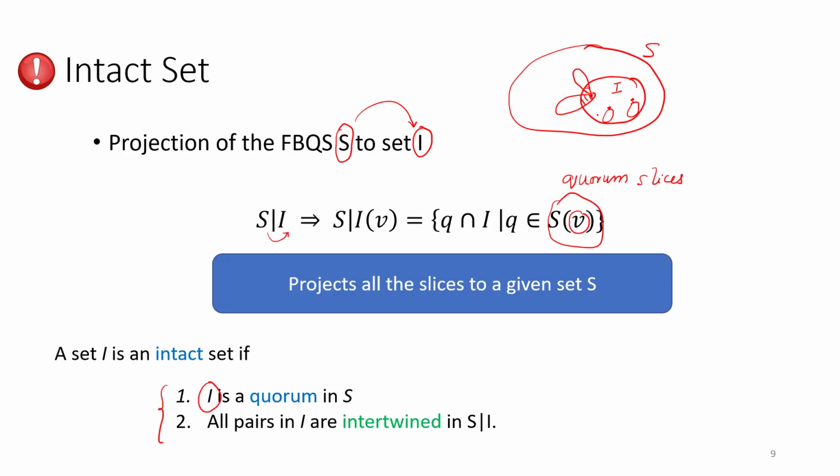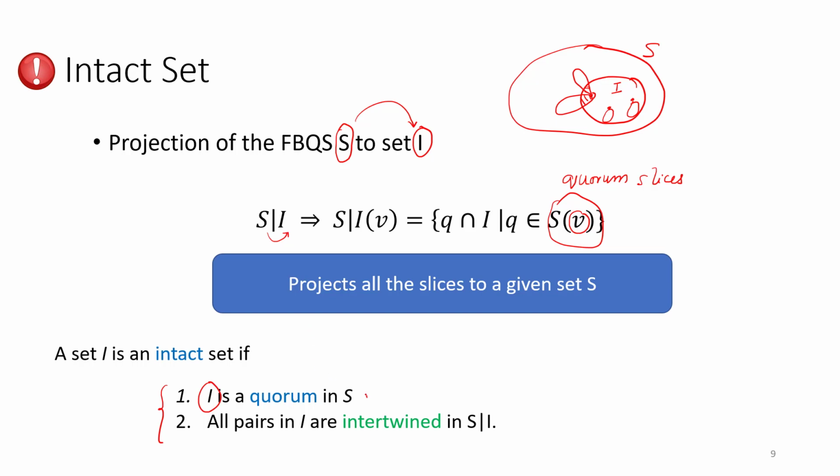Of course, the way that I have drawn, they are not intersecting, but you get the idea. So, if my new universe is limited to the set I, and for every quorum slice I only consider those elements that are a part of set I, then I will consider I to be an intact set if I was a quorum in S.